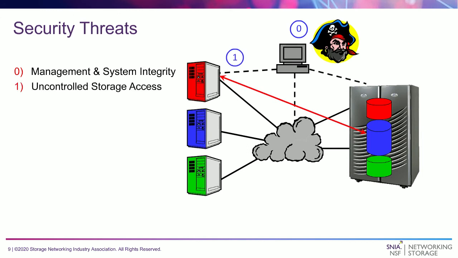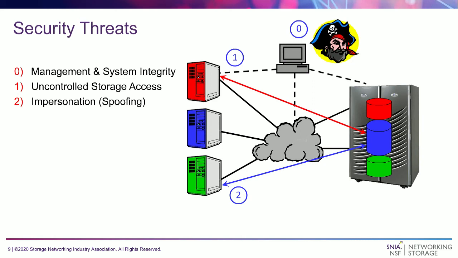Or we can have some form of uncontrolled storage access. As we said, the red server is associated with the red storage. What if the red server is accessing the blue storage instead? It's not something that you would like to happen. Maybe it's not a good idea if the engineering department is accessing your financial information or something like that. And it could be even worse than that.